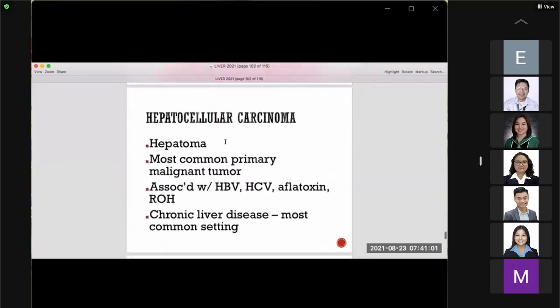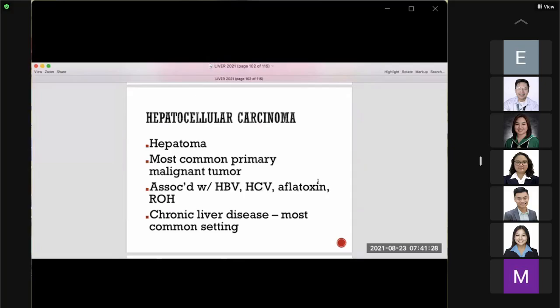Hepatocellular carcinoma or hepatoma, this is the most common primary malignant tumor. This is found to be associated with different conditions like hepatitis B and hepatitis C infection. These are among the hepatitis viruses. So the two of them were found to be associated with the genesis of hepatocellular carcinoma.